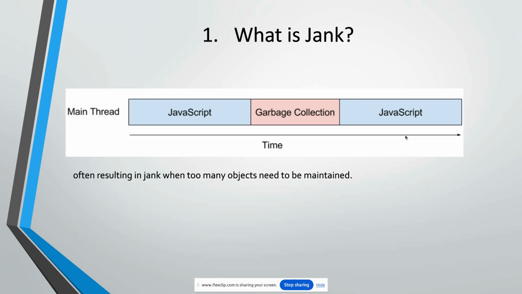The reason for jank is when too many objects need to be maintained. I talked about how objects are stored in the heap, how the garbage collector controls the objects, and about object lifetimes, short-lived and long-lived.